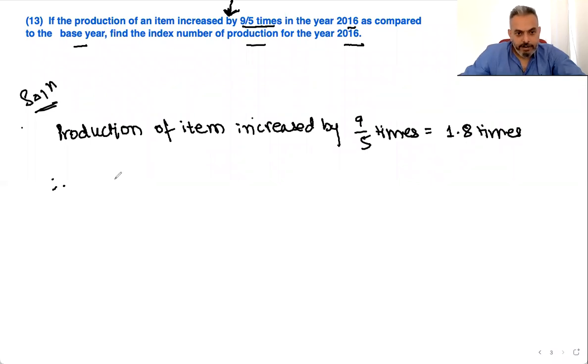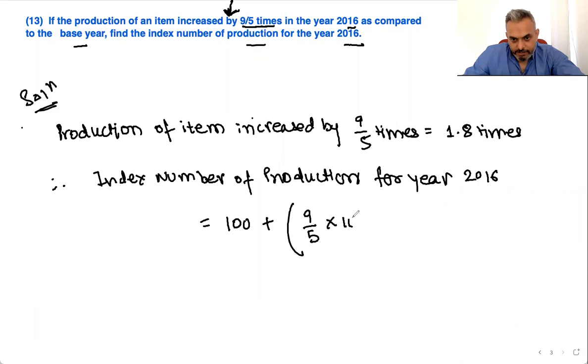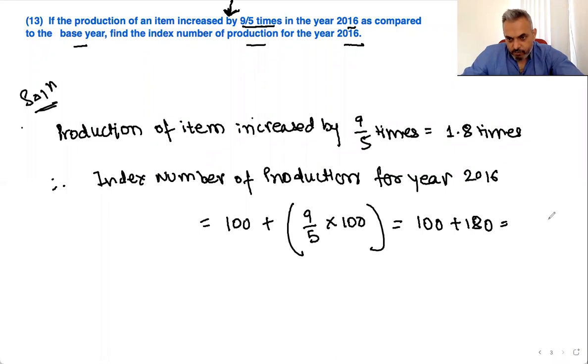Therefore, index number of production for year 2016 is equal to, so 100 is for the base year and the increase is 9 by 5 times, into 100, which is 1.8 into 100, which is 100 plus 180, which is equal to 280.